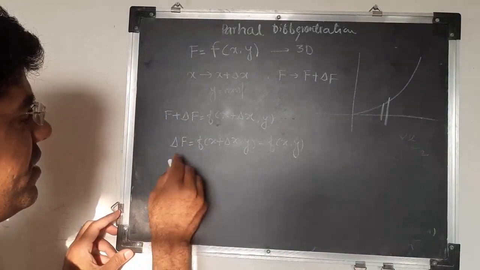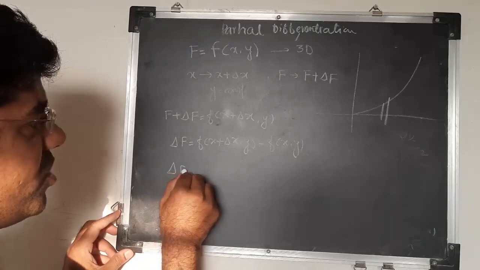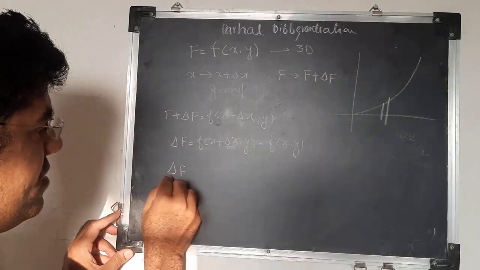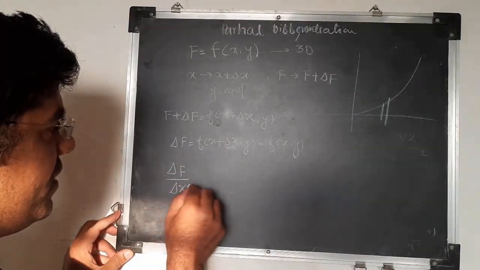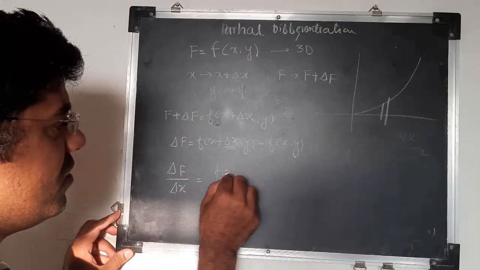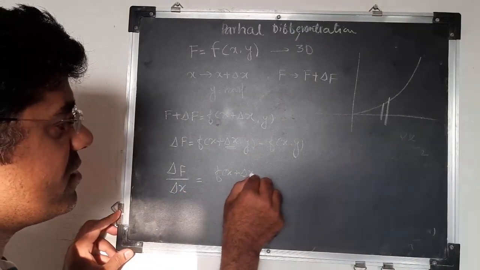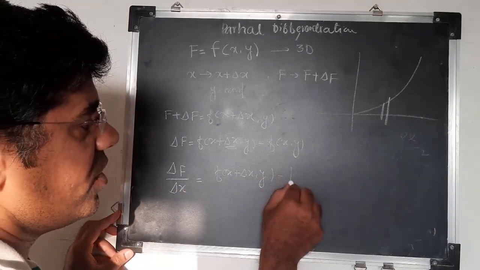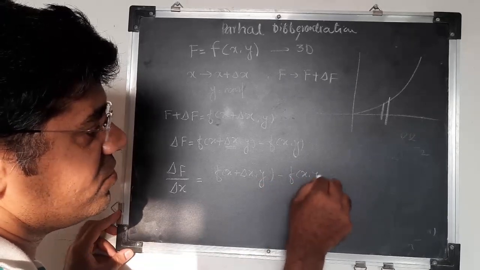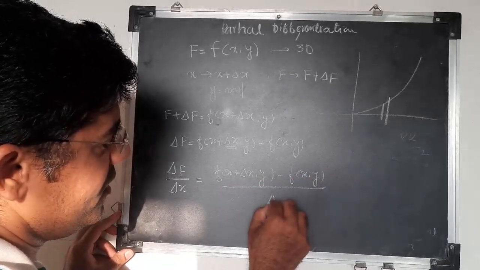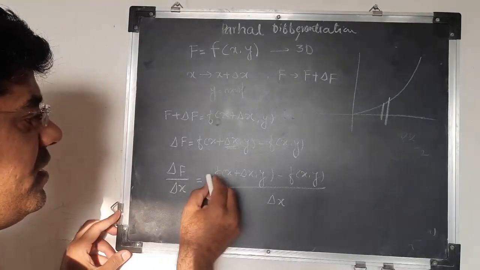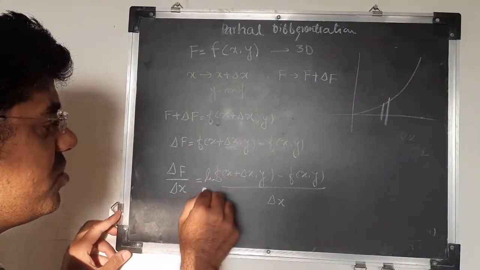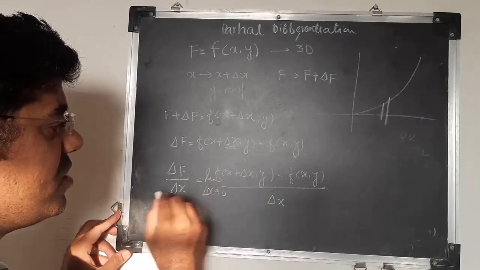Now we divide both sides by delta x, because here the change is only in x. So delta f over delta x is equal to f of x plus delta x comma y minus f of x, y divided by delta x, and then we'll take the limit of both sides, delta x tends to 0.